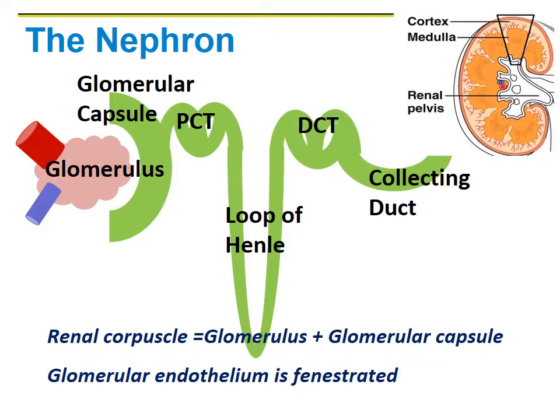Because the structures of the renal corpuscle perform filtration. However, the structures of the renal tubule perform reabsorption and secretion. In other words, the renal corpuscle filters our blood, but the renal tubule processes that filtrate. You will still need to know the individual structures and their specific functions.